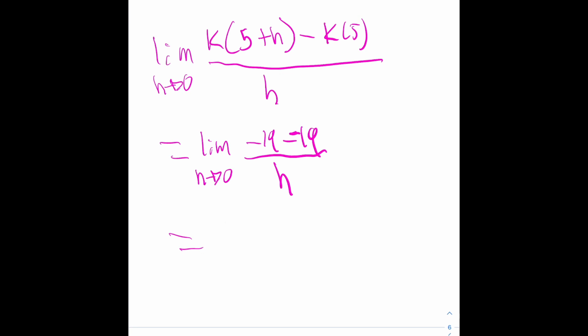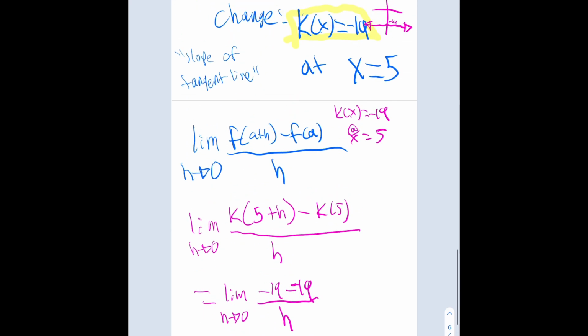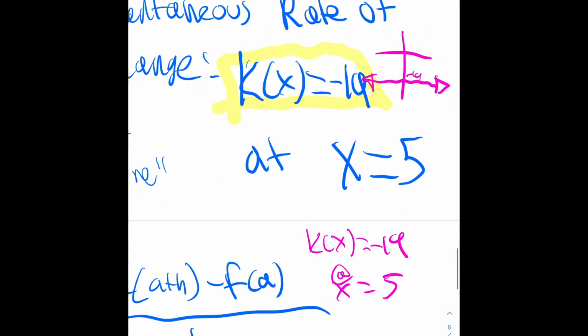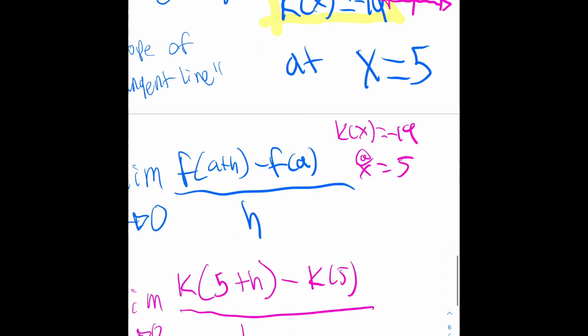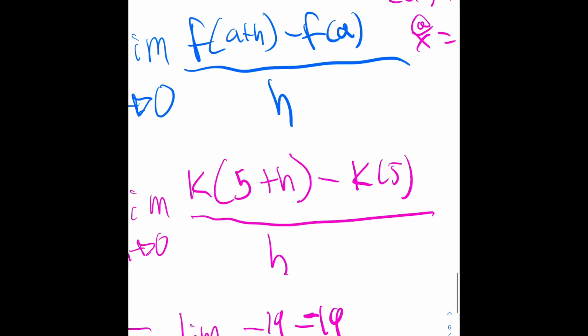Negative 19 plus 19 cancels out. So we're left with 0 over h, which equals 0. This was a kind of easy one because our slope never changed. If you had a different function, all you'd have to do is find your values like this and then plug them in.